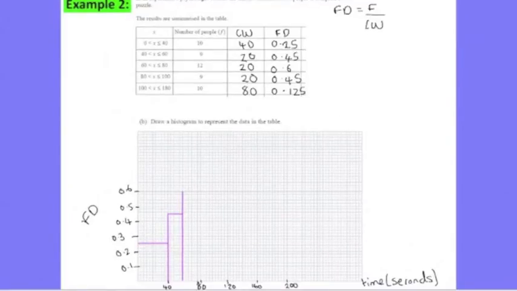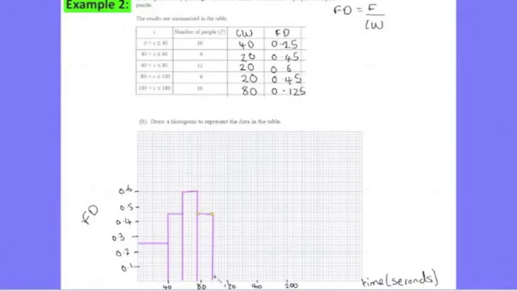The third bar goes over to 80 and up to 0.6. So we extend all the way up to 0.6 at 80, drawing across. Then from 80 to 100, going up to 0.45, back in line here, and across.